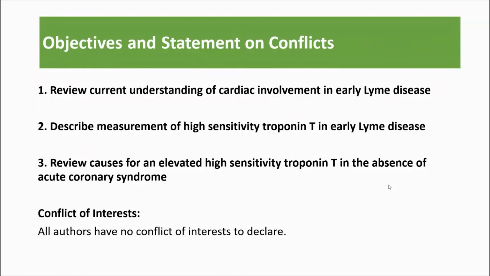Describe measurement of high sensitivity troponin T in early Lyme disease. 3. Review causes for an elevated high sensitivity troponin T in the absence of acute coronary syndrome. Statement of conflict: all authors have no conflict of interest to declare.